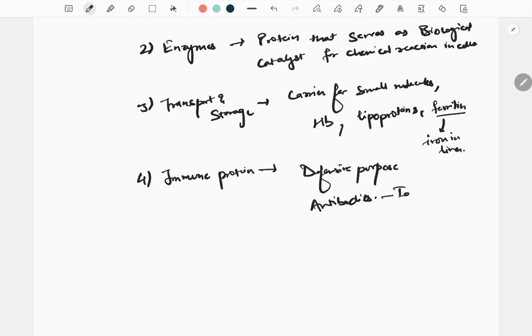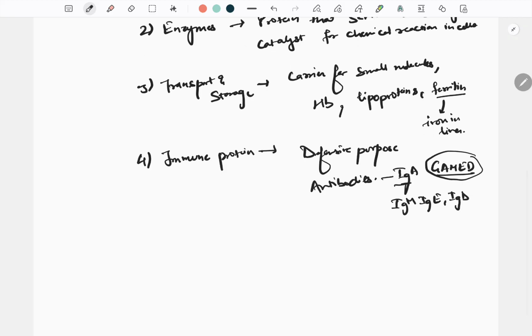So which are IgA, which is also called immunoglobulin A, B, C, not BC, but rather GAMET. Okay, so these are IgA, IgM, IgE, IgD. So this is the short form that you can remember.